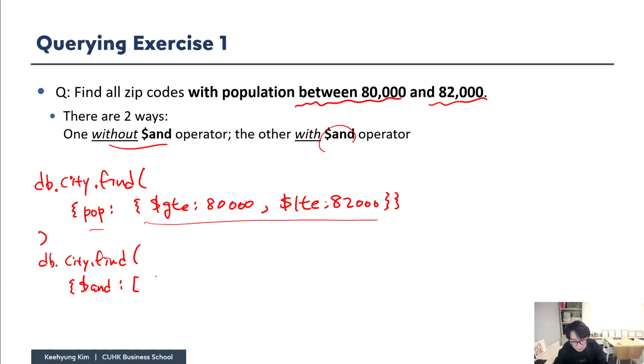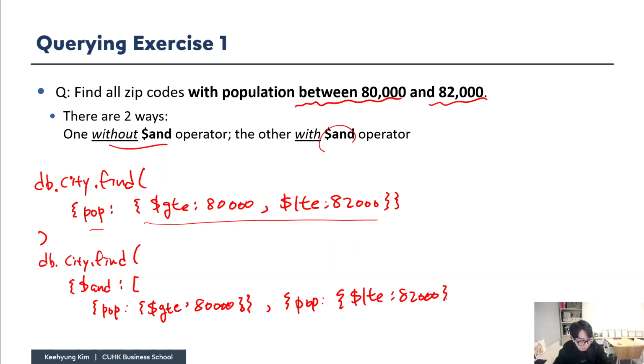The first condition will be population should be greater than or equal to 80,000. And the second condition will be population should be less than or equal to 82,000. Okay, and then finish like this.